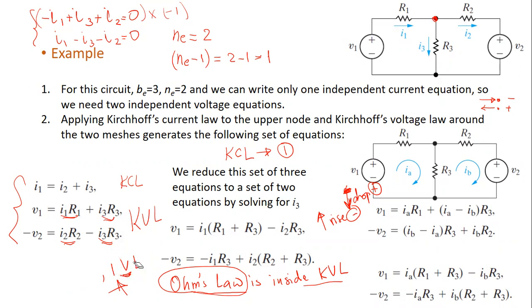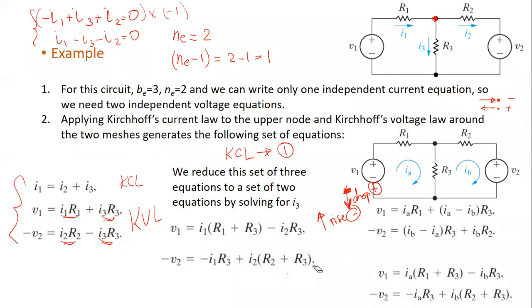Okay, so first of all, let's eliminate one of the currents, and this will be I3. I can eliminate it using the first equation, which is the KCL.